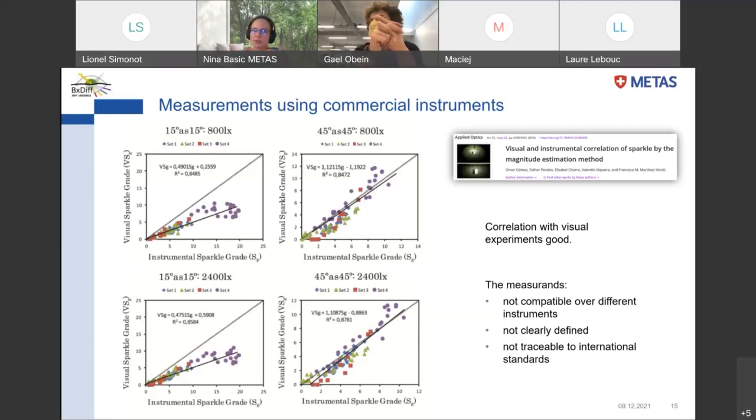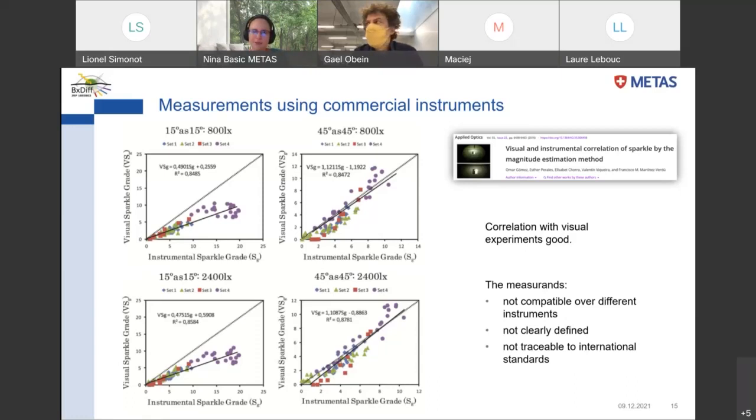These grades are also not clearly defined, so they're not open source for everyone to go and use. You need to have the device, you need to measure with the device, and then you have that grade. One of the biggest problems is also that this is not traceable to any international standards because it's not open source. So it's a bit of a problem because you either have the device or you don't.